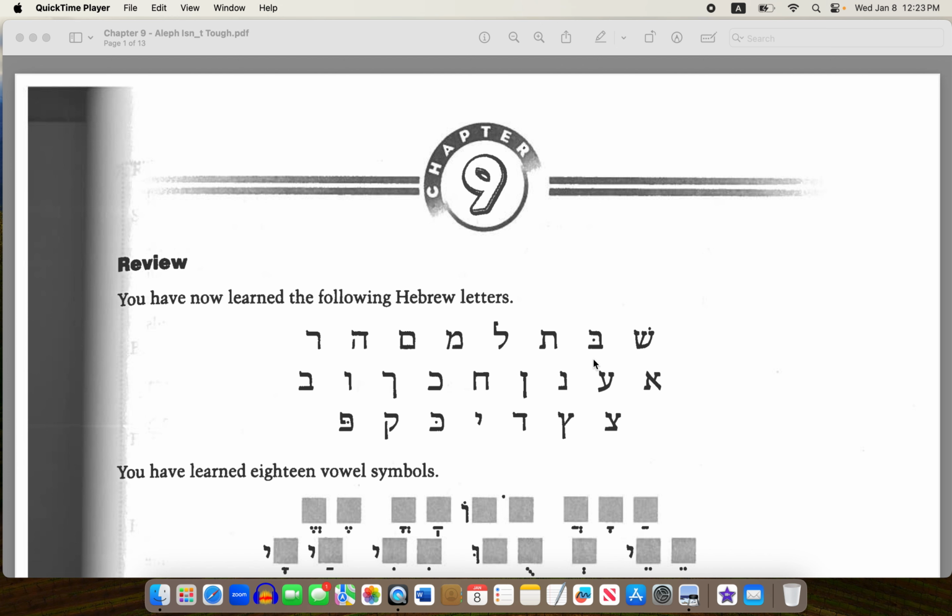Shin, Bet, Tav, Lamed, Mem, final Mem, Hey, Resh, Aleph, Ayin, Nun, final Nun, Chet, Chaf, final Chaf, Vav, Vet, Tzadi, final Tzadi, Dalet, Yud, Kaf, Kuf, Pei.